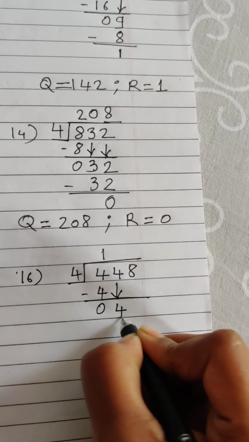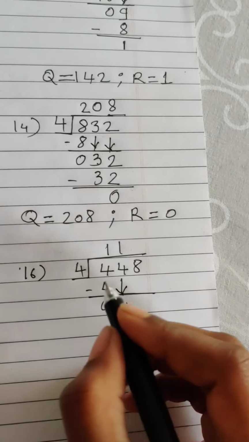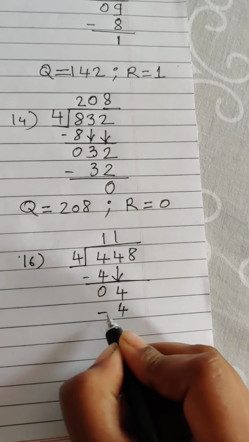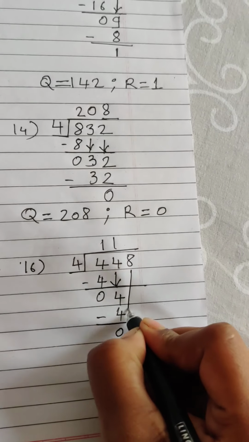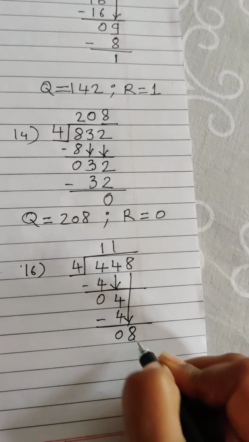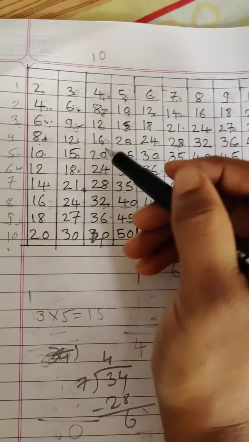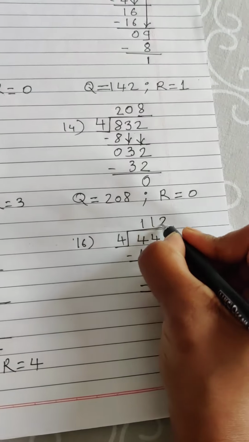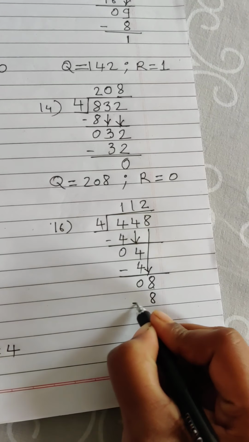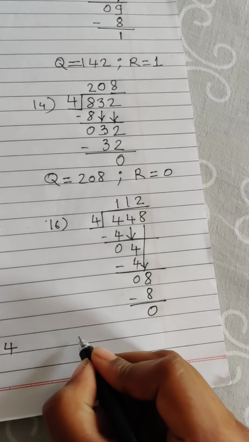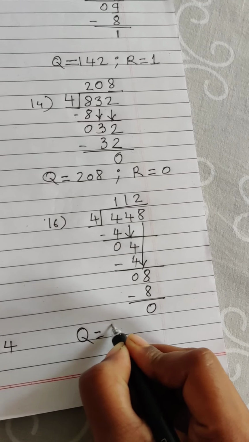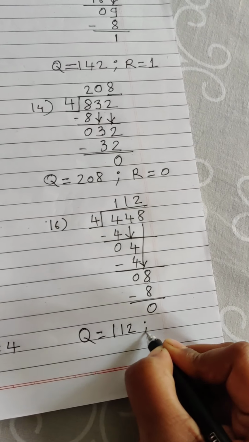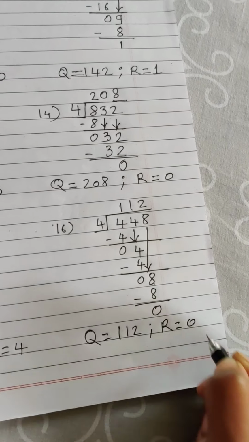Now bring down 4. 4 ones are 4. 4 minus 4, 0. Now bring down 8. Now in the 4 table, 8 is present. Yes, in the place of 2. So we'll write 2 here and 8. 8 minus 8, 0. So what is the quotient? Quotient equal to 112 and remainder equal to 0.